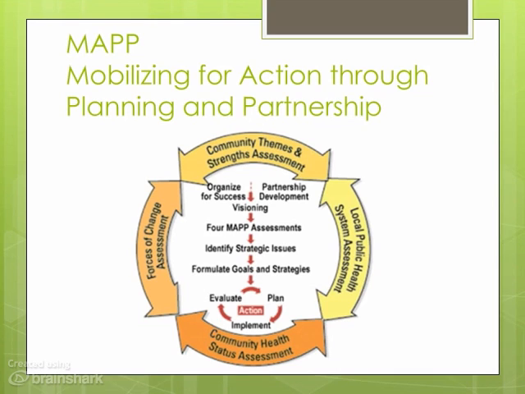Well, I would be remiss talking about public health if I didn't talk about the process that I think is prevalent across the U.S. for doing community assessments, and that is called MAP, Mobilizing for Action Through Planning and Partnership.